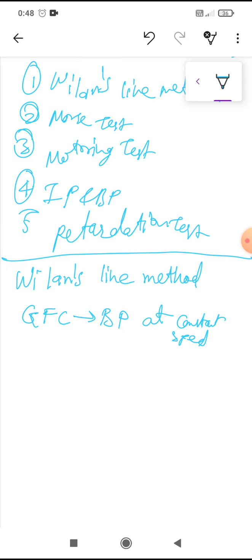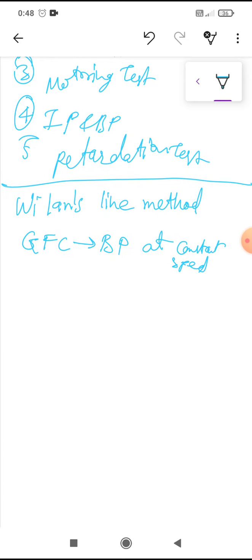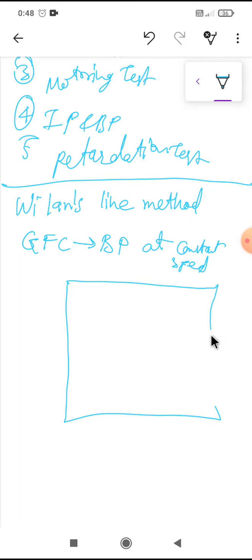Let me draw the diagram. Suppose this is engine torque, and this is fuel flow rate, that is grams per second.